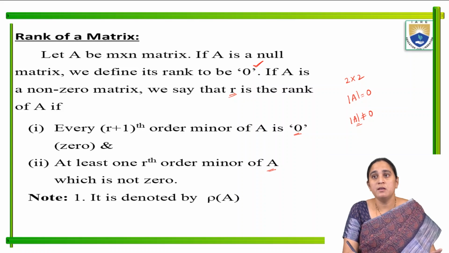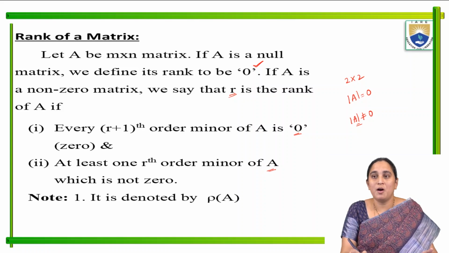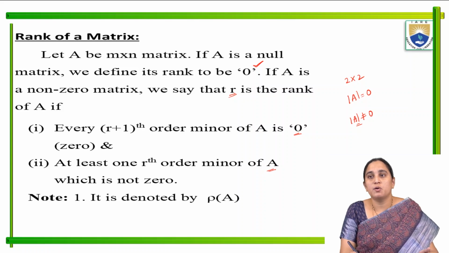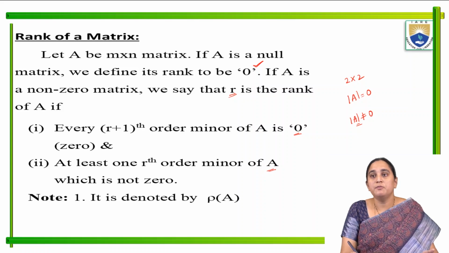Simply, for the given matrix, where the determinant of A is not equal to 0, that corresponding order is the rank of the matrix. If det A is equal to 0, then that is not the rank of the matrix.